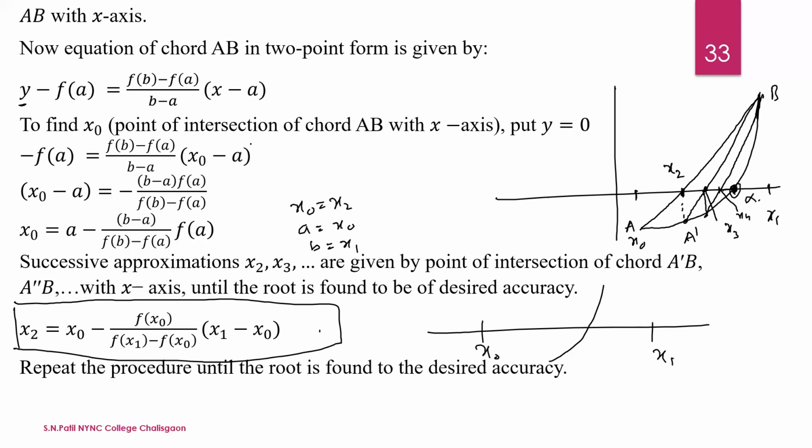So here in the first, we consider the root lies between a and b. We change this formula. Instead of x naught, we consider x2, and for a we take x naught, and for b we take x1. Let us see the example.